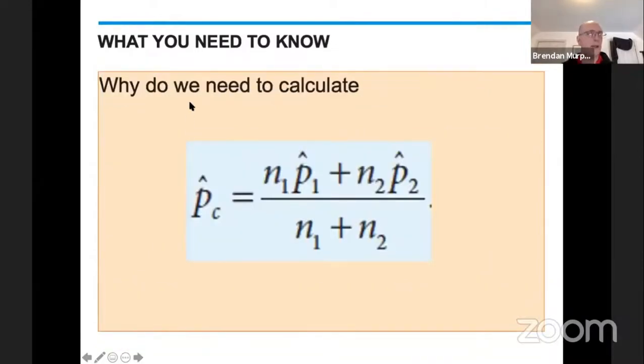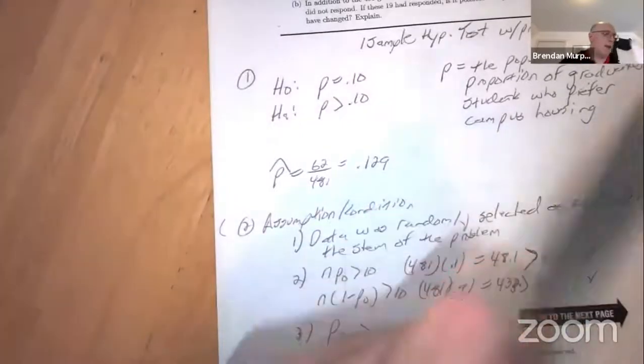Okay, so here's the $64,000 question. Why do we need to calculate this p hat combined, and what does it really mean? Where does it come from, and what's its relevance? So I have sort of a hypothetical here. I'm going to come up with some numbers that are pretty easy. If I've decided that I need to do a 2 sample hypothesis test with proportions, my null hypothesis is probably p1 equals p2.